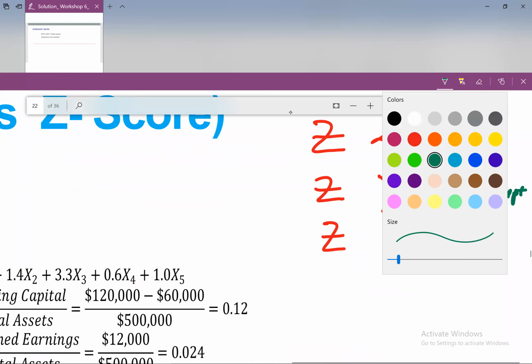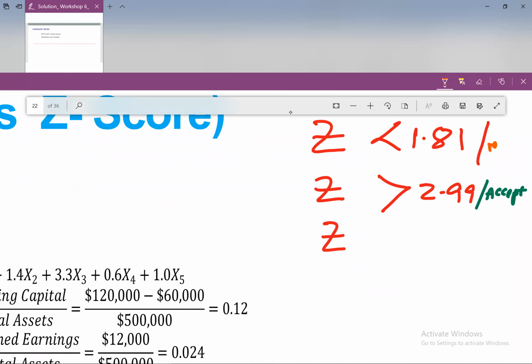Here you just reject. And here, if it is between, 1.81, there is a question. Sir, is it always 1.81?